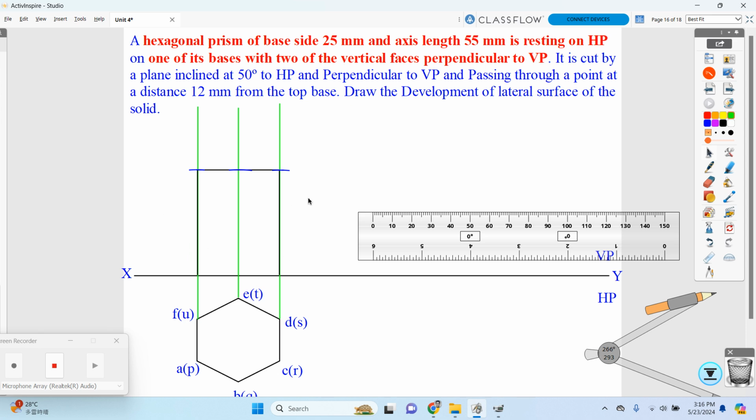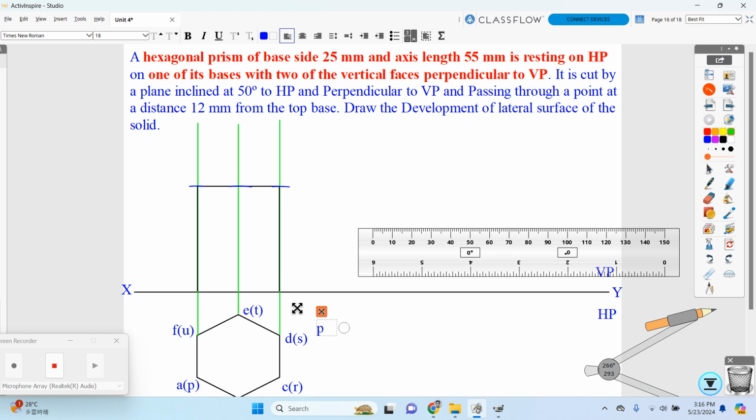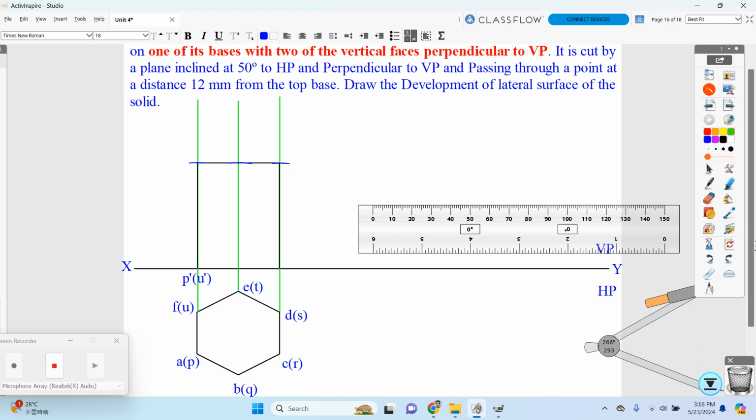Now we are going to mark it by means of your representation. For making this representation, I am going to consider this as P dash of U dash. Then the second point is Q dash of T dash.